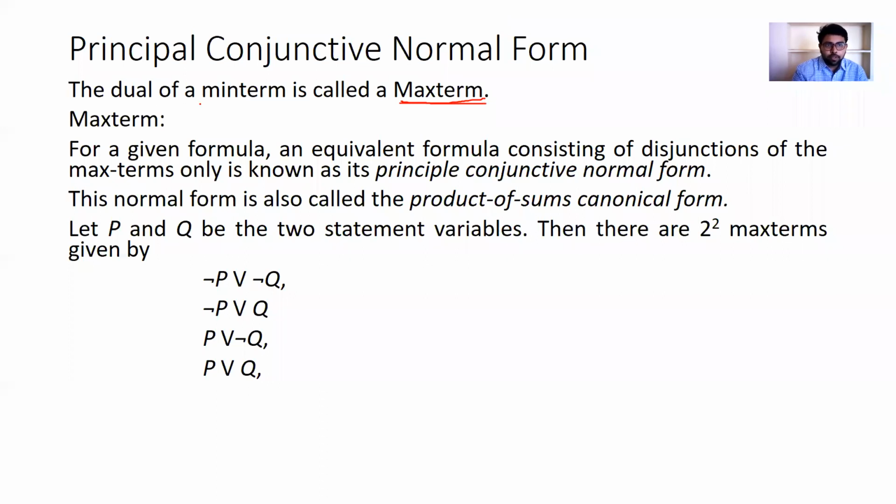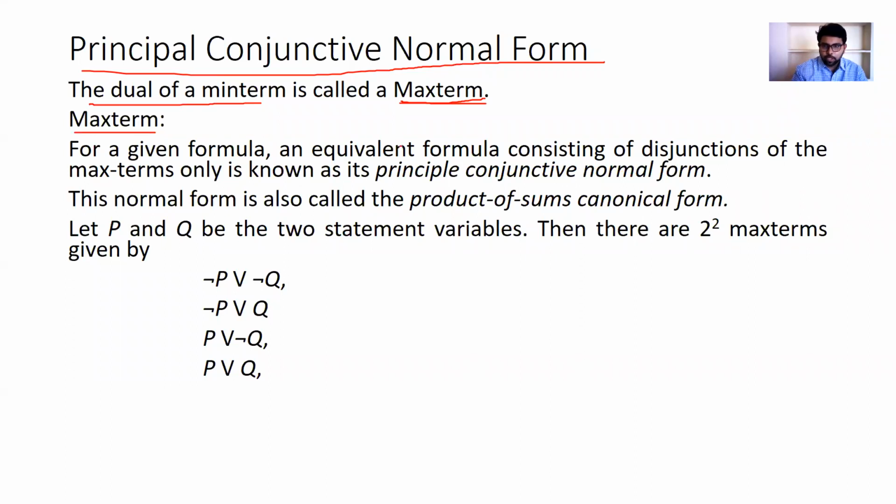The dual of minimum terms is called maximum terms. For a given formula, an equivalent formula consisting of conjunctions of the maximum terms is known as the principal conjunctive normal form.